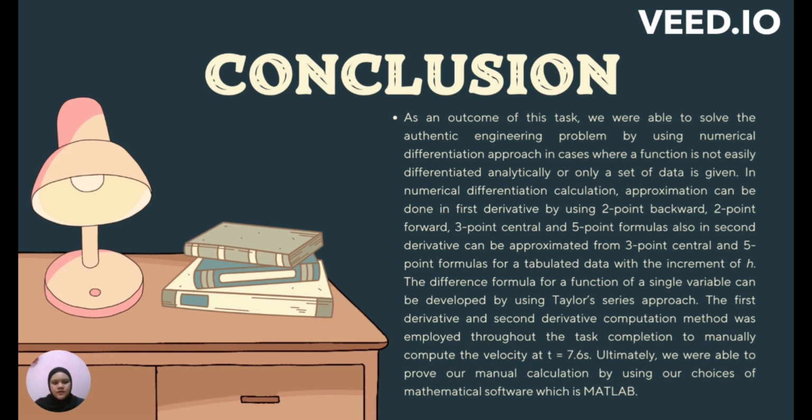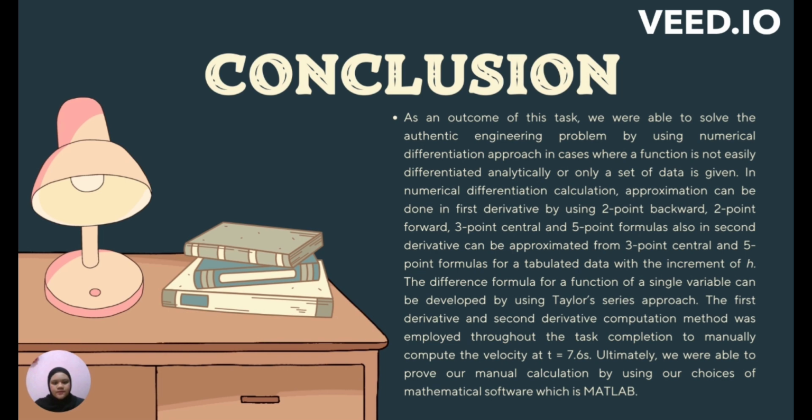In numerical differentiation, the first derivative can be approximated using 2-point backward, 2-point forward, 3-point central, and 5-point formulas. The second derivative can be approximated from 3-point central and 5-point formulas for tabulated data with increment h. The difference formulas for a function of a single variable can be developed using the Taylor series approach.